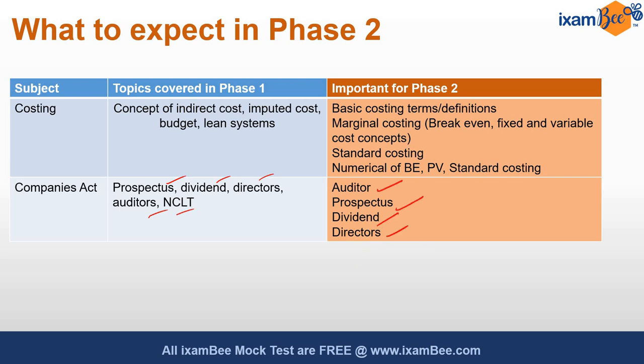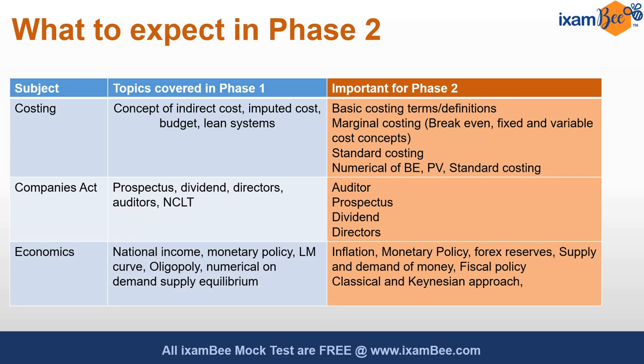In economics, the topics that were covered included national income, monetary policy, LM curve, oligopoly, and a numerical on demand and supply equilibrium. I think it is unlikely for a numerical on economics to be repeated in phase 2.